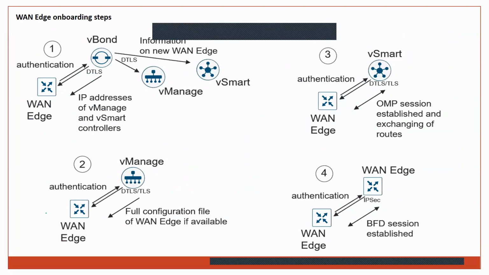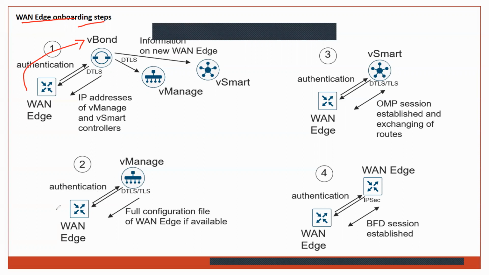For example, this slide is a summary slide taken from a Cisco deployment guide. You can see the WAN edge onboarding steps, how it is happening. The WAN devices authenticate with vBond, right? Then vBond tells the IP address of vSmart and the other controllers.